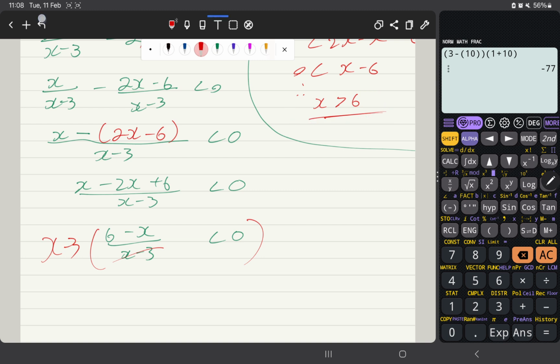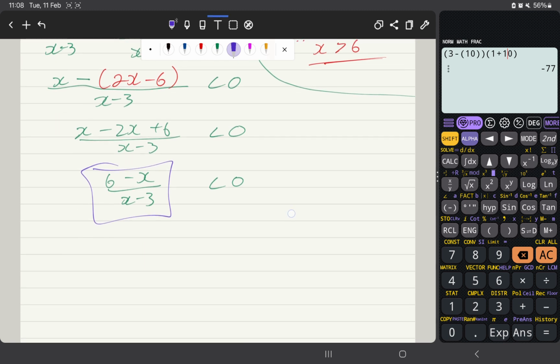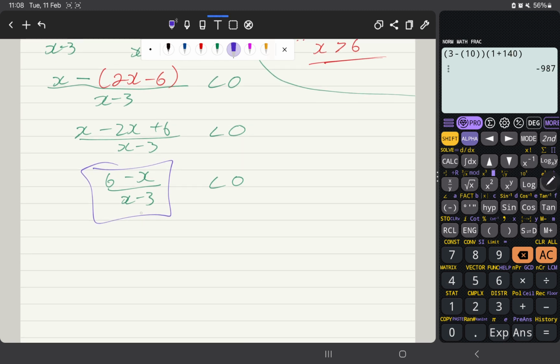So when you get to this point, you are going to use both of these binomials. They're going to help us find the values of x where the statement is true. So for example, you would say 6 minus x equals 0.